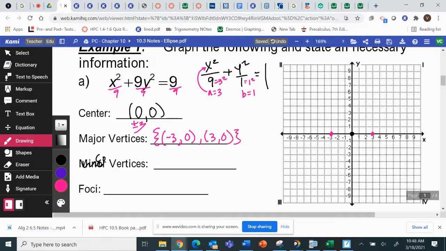Okay? All right. Minor vertices or co-vertices would be the other value down there. So it's a 1. 1 squared. b is a 1. And that is under the y. So because it's under the y, to the ordered pair, I'm going to plus or minus 1 to the center ordered pair.